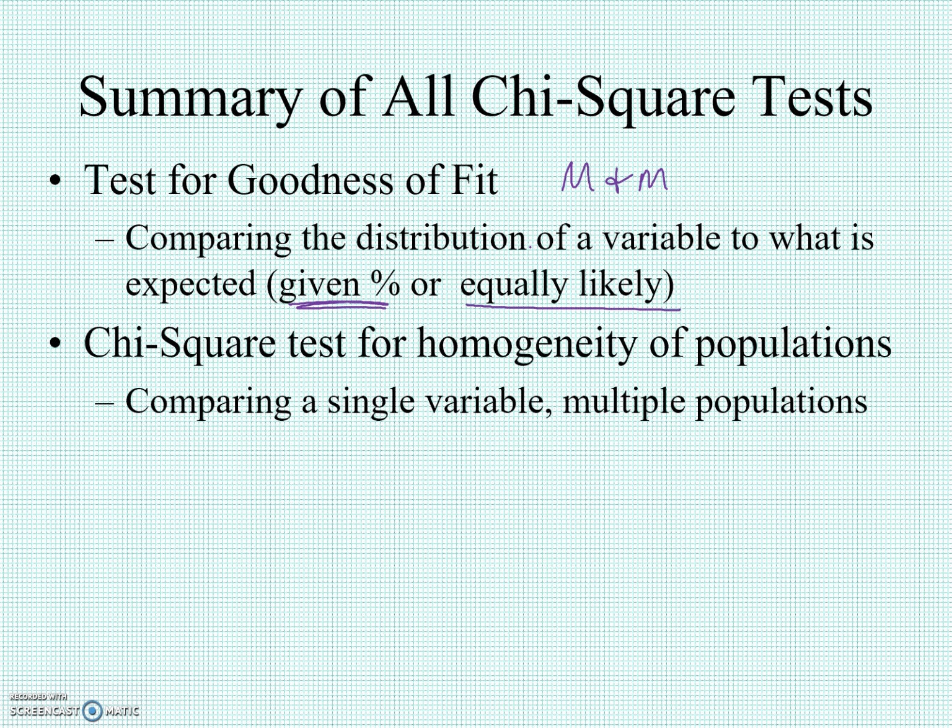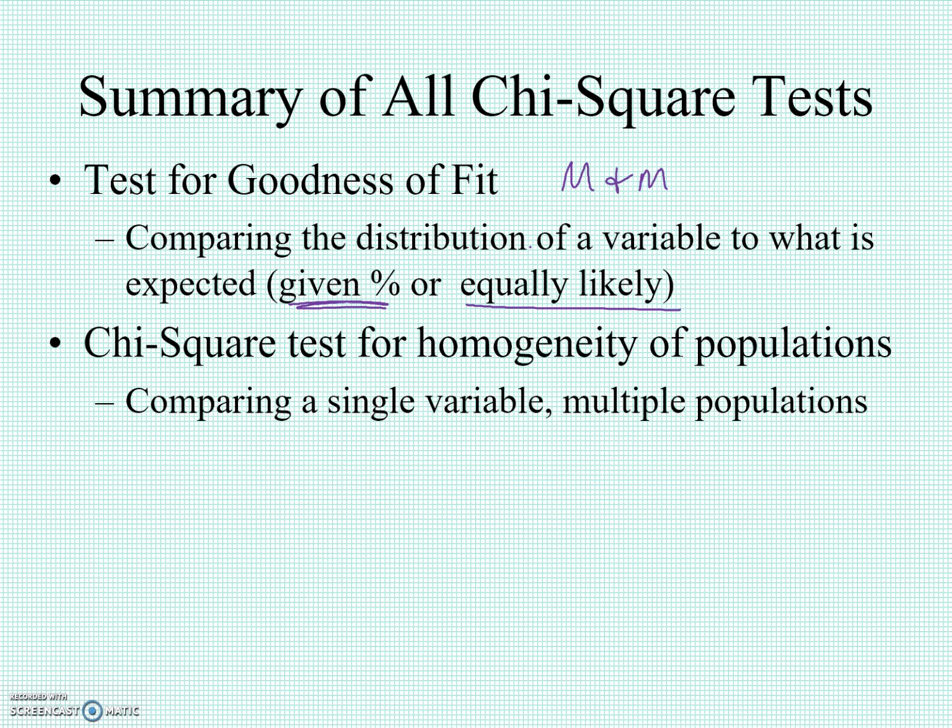If you wanted to do a chi-square test for homogeneity, this is for multiple populations. You have a single variable, but multiple populations within that variable. This is the dentist versus consumers situation. We are talking about whether or not they agree or disagree with advertising, but we're looking at consumers versus dentists.